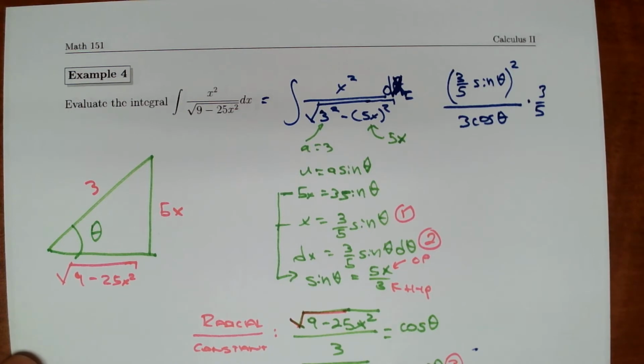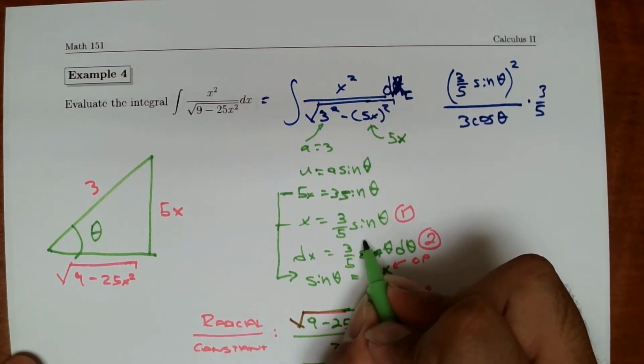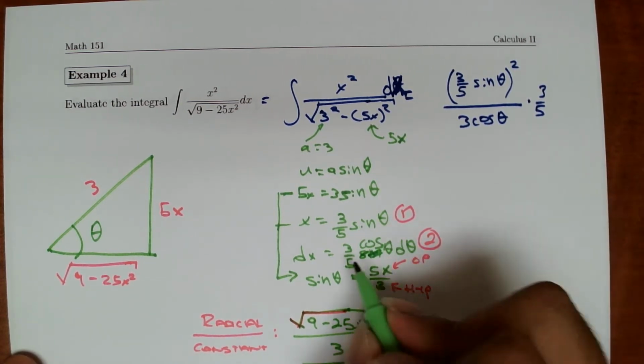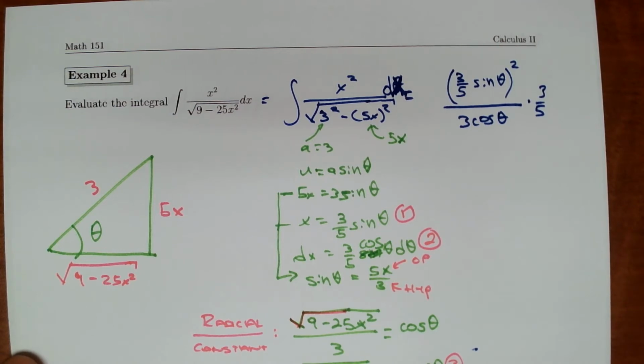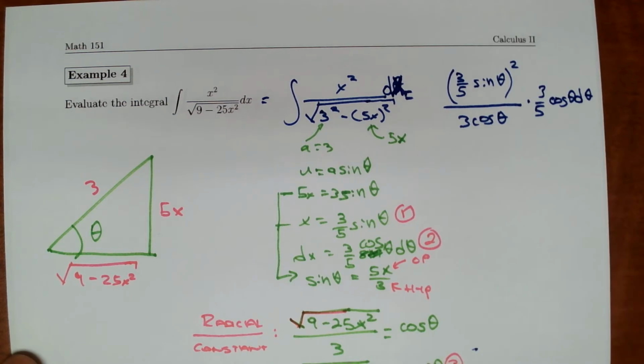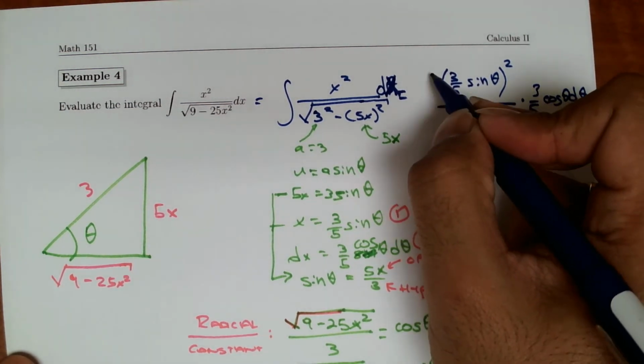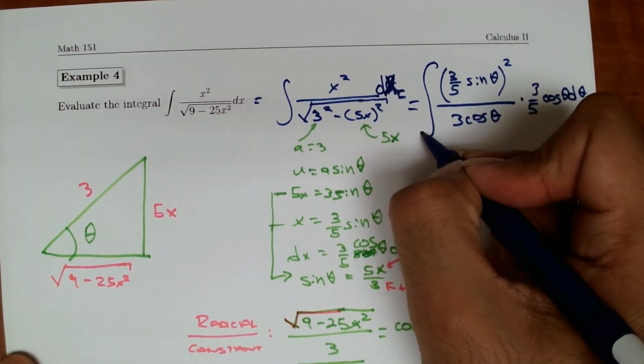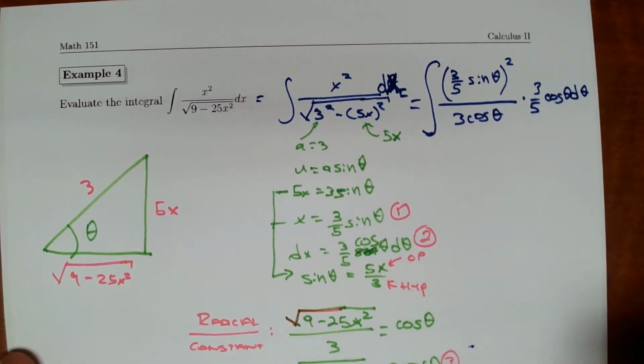Actually, I made a mistake here. This is supposed to be cosine theta, not sine theta. And this is 3/5 cosine theta d theta. And that's the integral of all that.